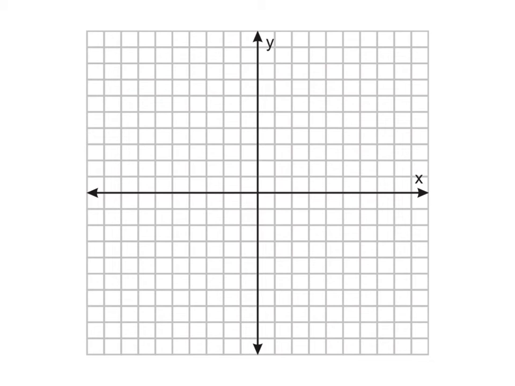The last thing I want to do is show you how to find slope from a graph. So I'm going to just graph a couple of points. I'll go right here, and right here. We'll graph these 2 points.